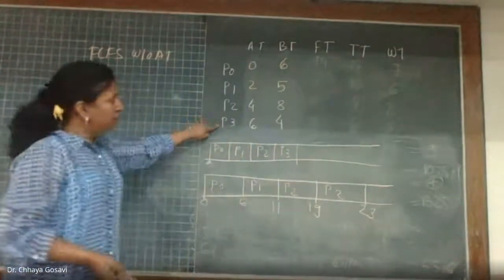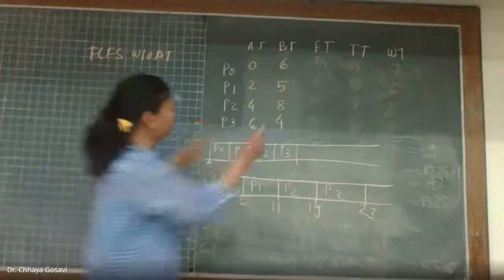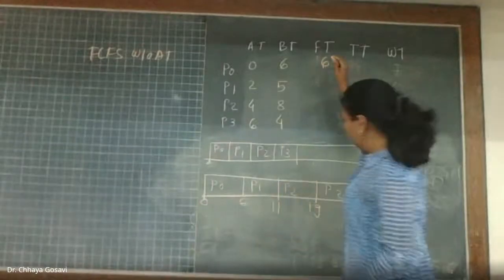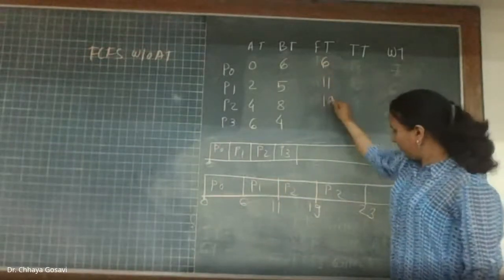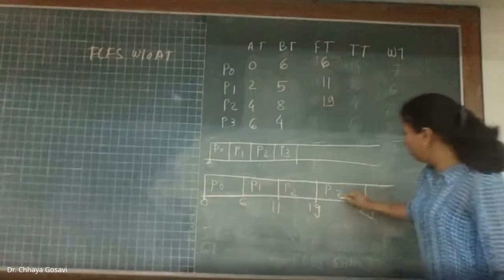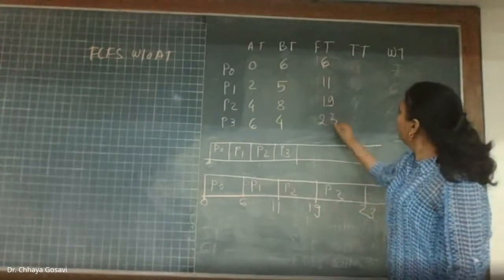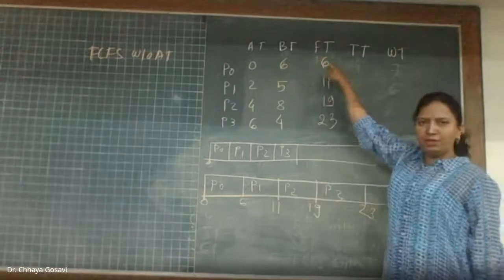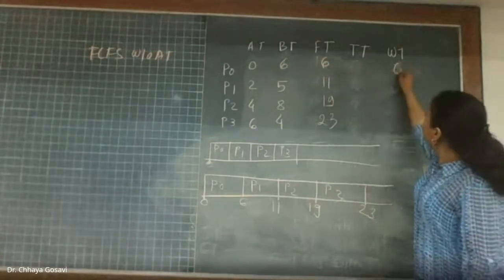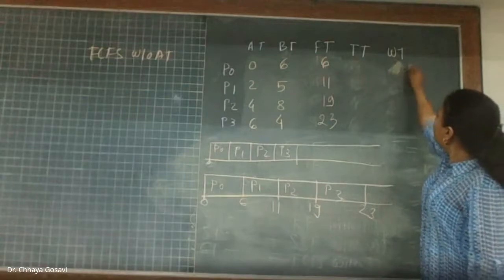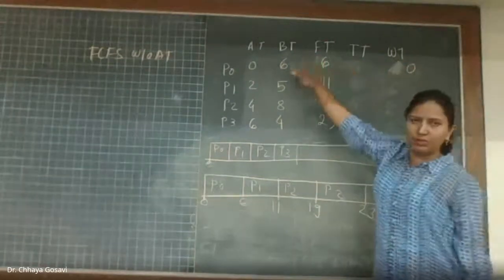So the finish time for P0 is 6, for P1 11, for P2 19, and P3 23. Turnaround time is similar to finish time. And wait time is finish time minus, sorry, finish time minus burst time.